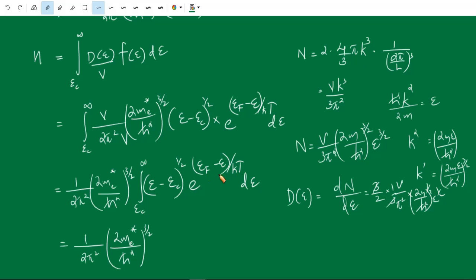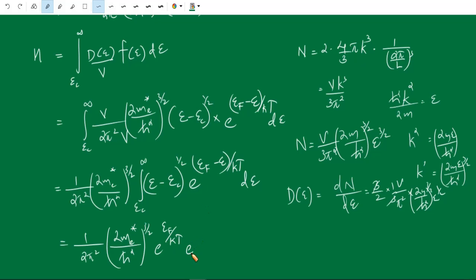And here (E minus EC) is there. So I want to make this here also e raised to (E minus EC). So this can be written as e raised to minus EC divided by kT. I have multiplied this e raised to (E minus EC) by kT, then I have to multiply e raised to plus EC by kT also.